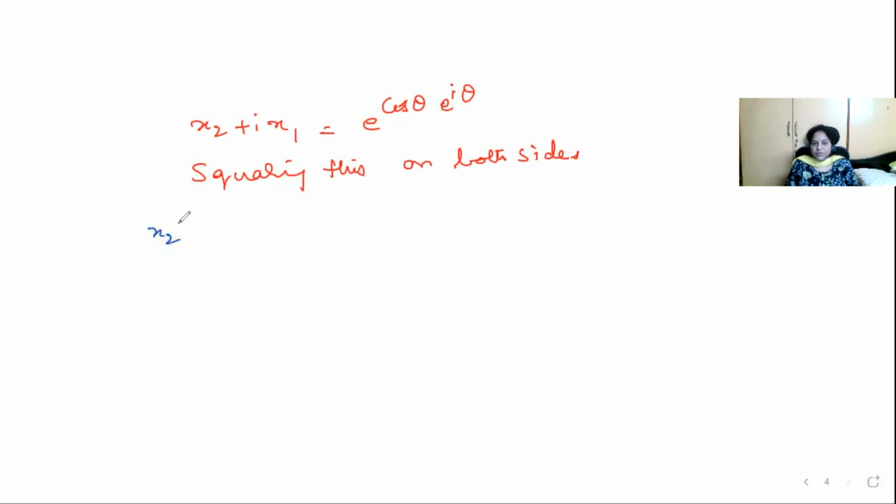This gives x2 square minus x1 square plus 2 i x1 x2, by the normal squaring expansion where we know that i square is equal to minus 1. Squaring the other side gives e raised to 2 cos theta into cos theta plus i sin theta.